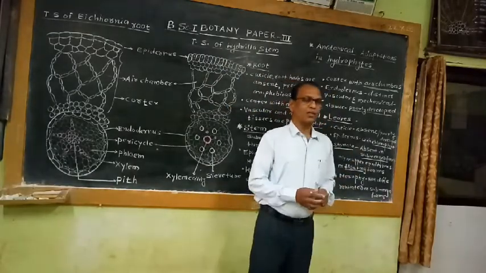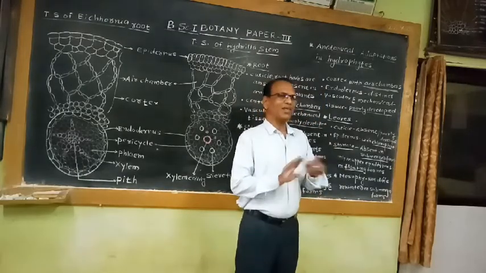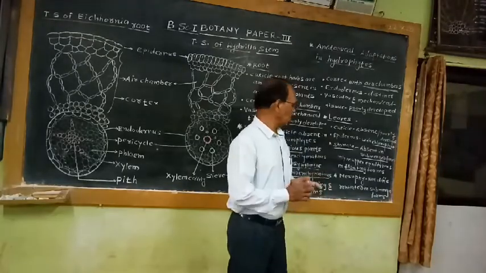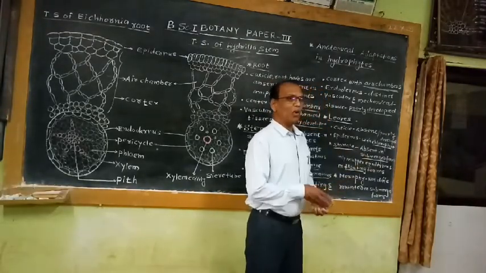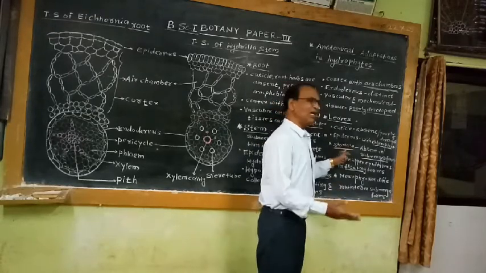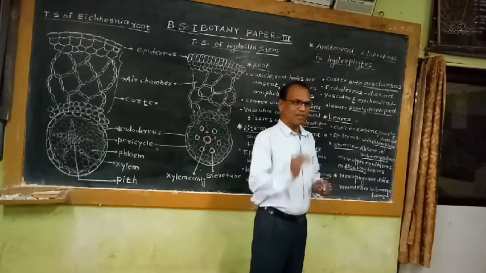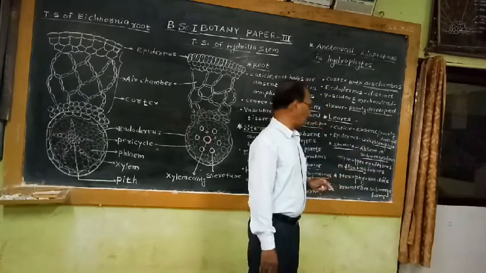In floating hydrophytes, stomata are only found in the upper epidermis. The lower epidermis lacks any kind of stomata. That means depending upon the group of the hydrophyte, stomata may be present or absent. Stomata are absent in submerged hydrophytes, and may be present in floating and amphibious hydrophytes.